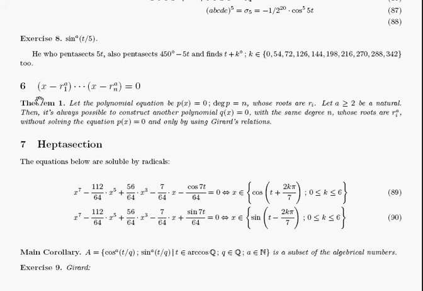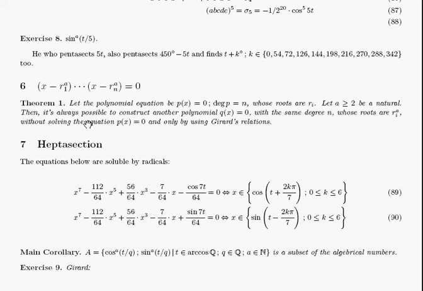So we have a theorem. When we have the equation (x minus r1)...(x minus rn) equals 0, theorem: let the polynomial equation be p of x equals 0, of degree n, whose roots are ri. Let a, greater than or equal to 2, be a natural number.